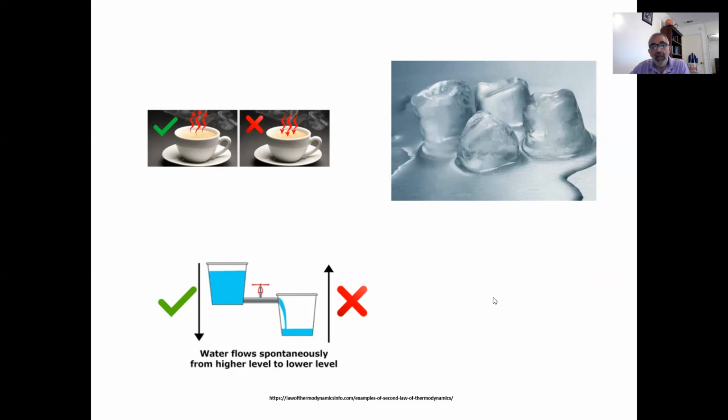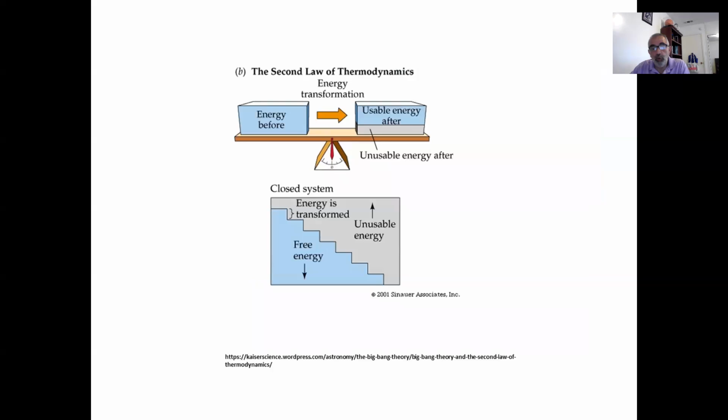And again, it is impossible to give a full explanation in just a few minutes, but I'm just trying to give you a flavor of what entropy is. And all of this boils down to that the second law of thermodynamics is basically a law that says that usable energy, energy to do useful work, decreases with time.